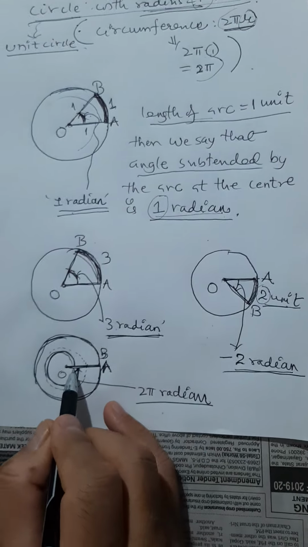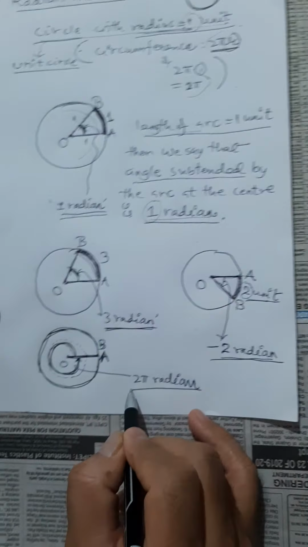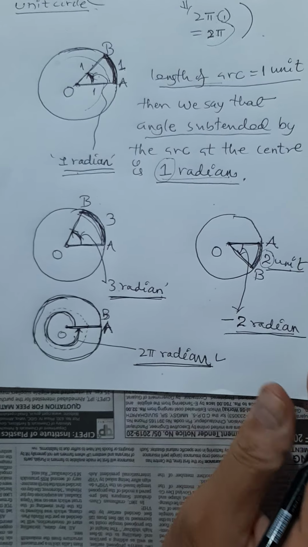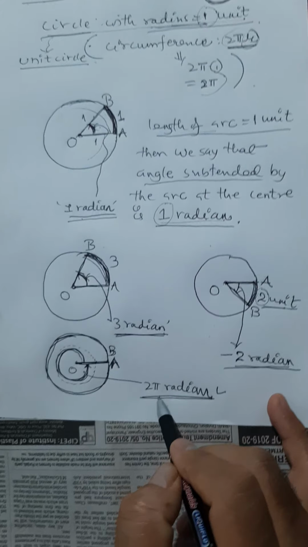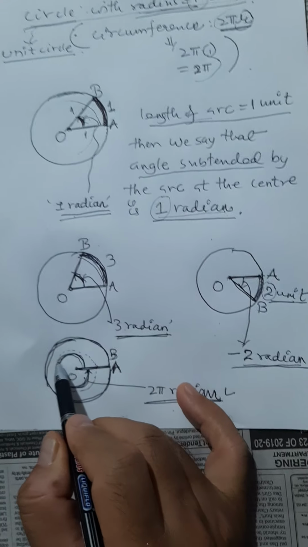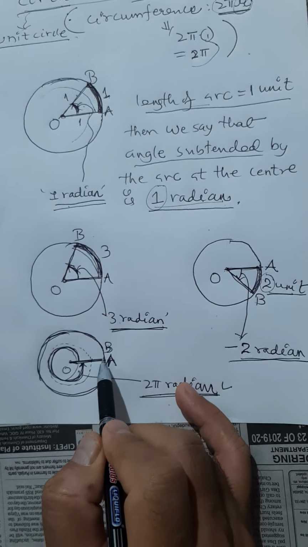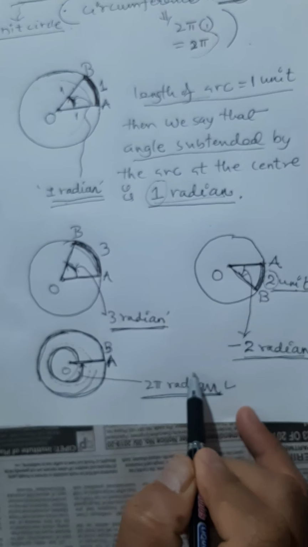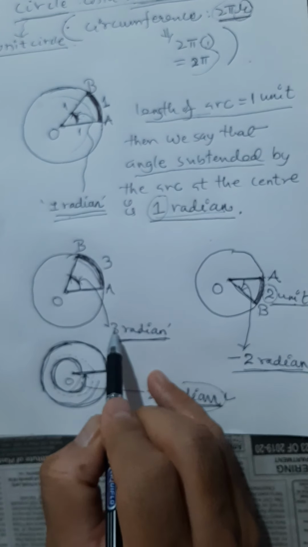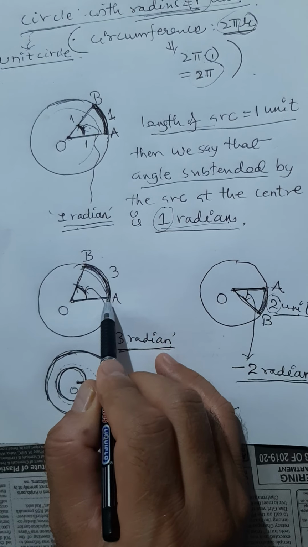So when you take a complete revolution in anti-clockwise direction, this becomes 2 pi. I again emphasize why this is 2 pi radian: because you took one complete rotation. One complete rotation means you find the arc length of one complete rotation, because you know the radian measurement of an angle equals arc length. Why was this 3? Because this arc length was 3.